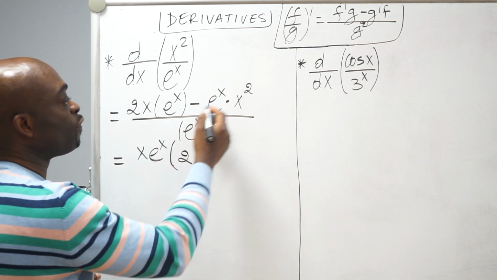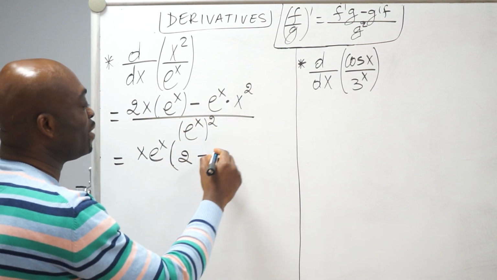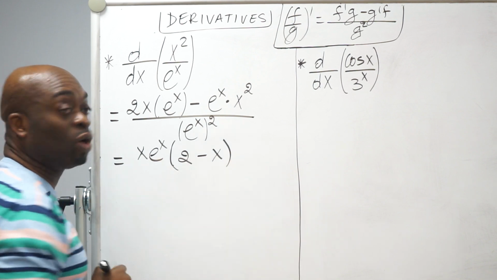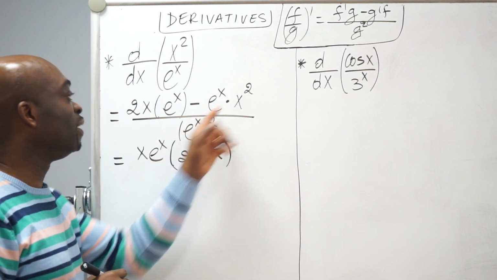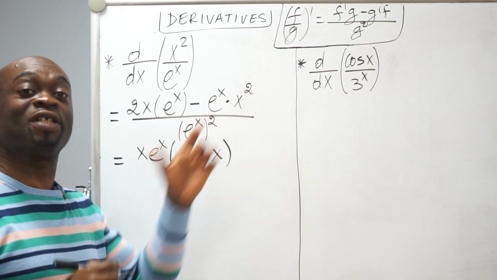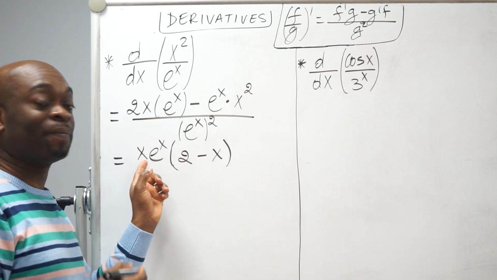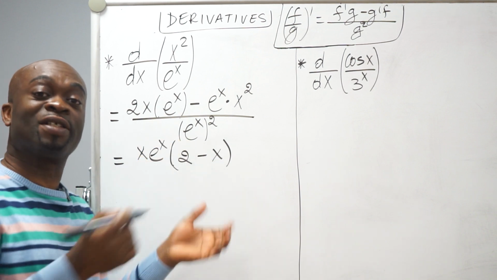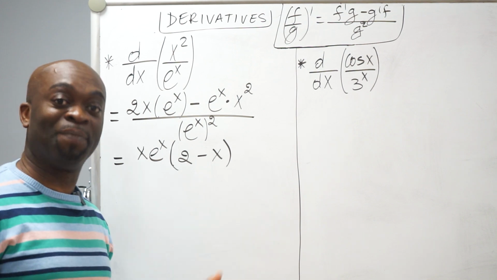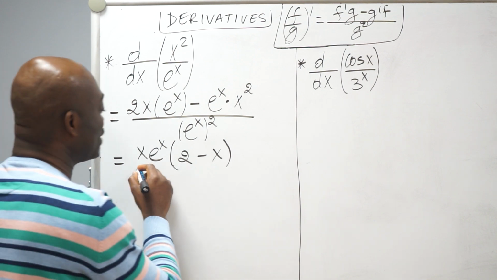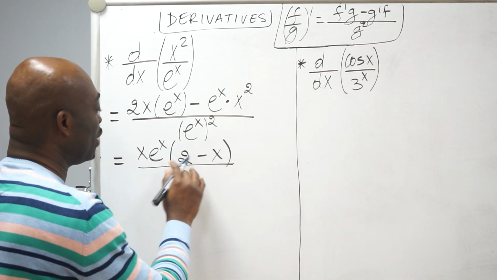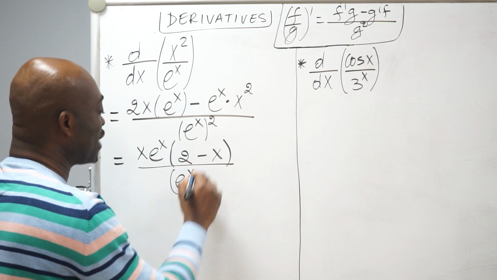Minus, then x is left, because the exponential comes out, and you have x to the second power, so if you take out one x, another x is left, because x times x is x to the second power. And this is over exponential x to the second power.